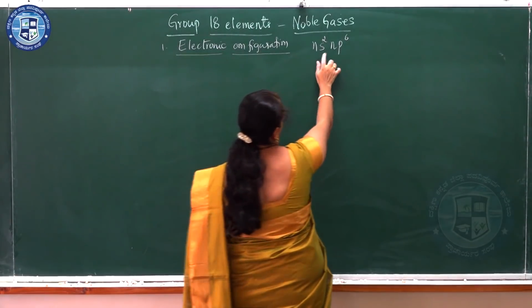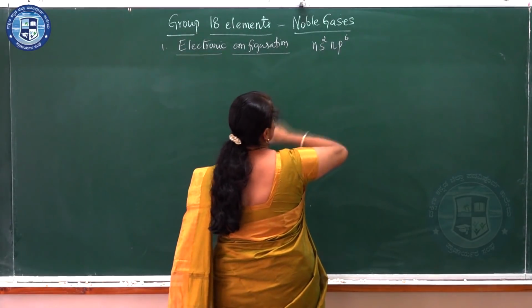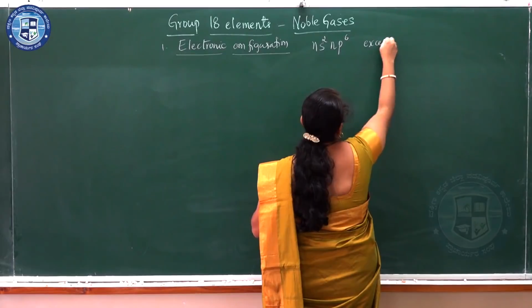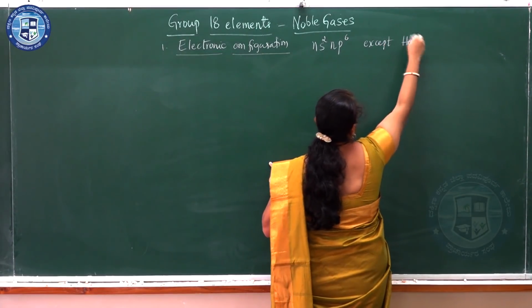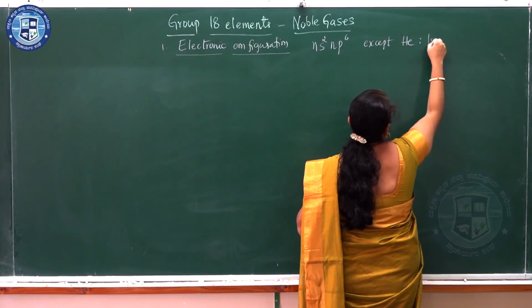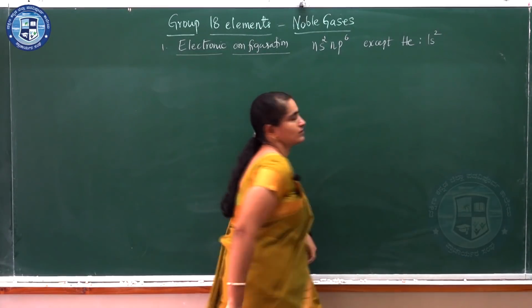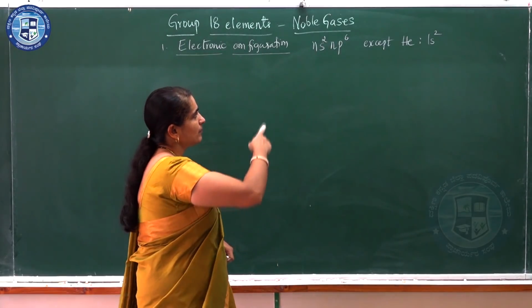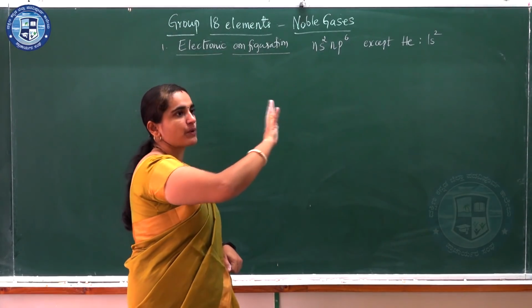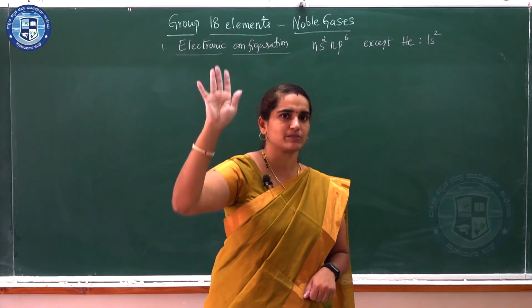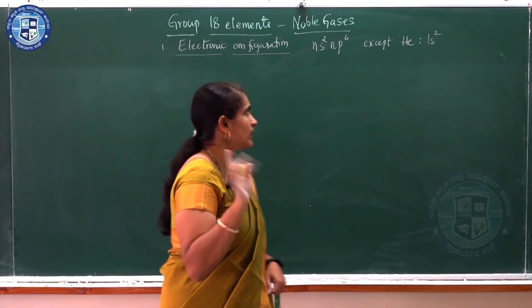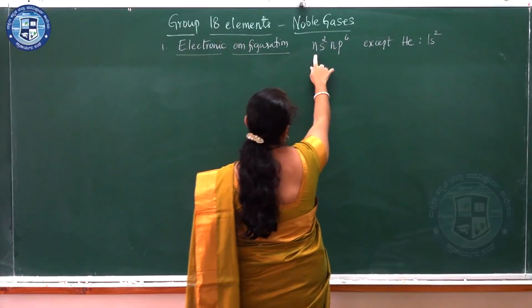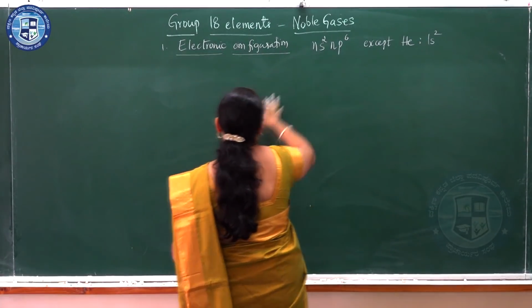This configuration is for all elements except helium, He. Helium has an electronic configuration of just 1s2. There is no p orbital in helium, but it satisfies all the properties of noble gases and hence is placed in group 18. Except helium, they have completely filled shells.